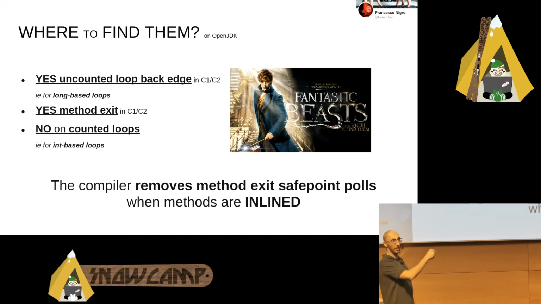When a method called by you exits, then it will put a safepoint poll. So theoretically, that thread can be blocked if a safepoint request arrives. And when you have an uncounted loop, which kind of are uncounted loops? The ones that do not use integer, but use something more, long. Long is an example.